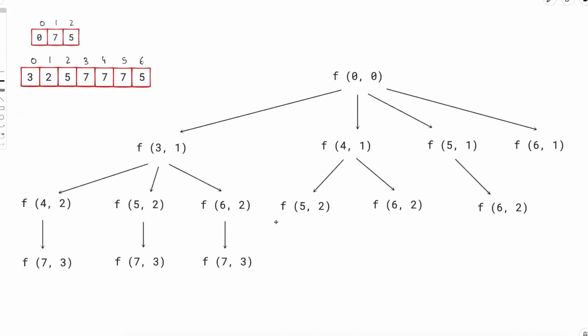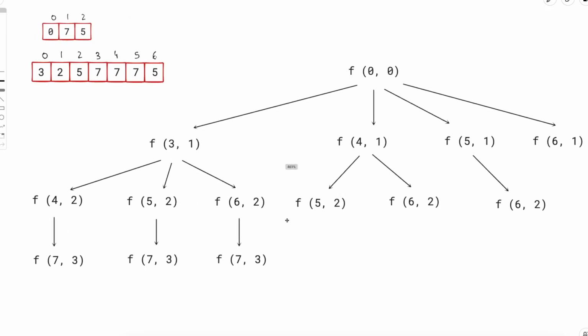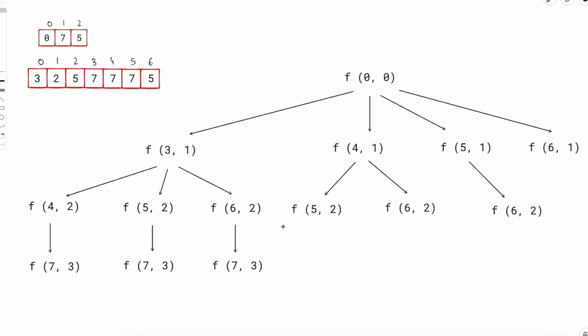So let's just dry run this algorithm. We know that the algorithm is not fully optimal, but let's just dry run. So we want f of 0 comma 0, that is, we want to partition everything starting at index 0, that is this particular array, into everything starting at index 0 here, right?